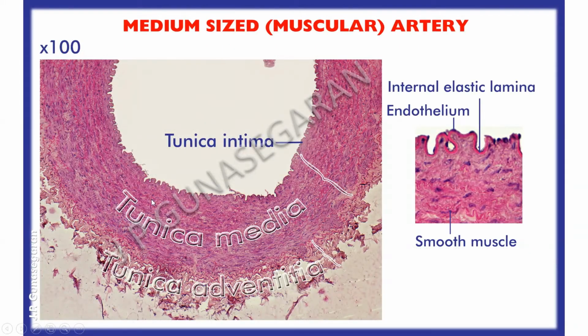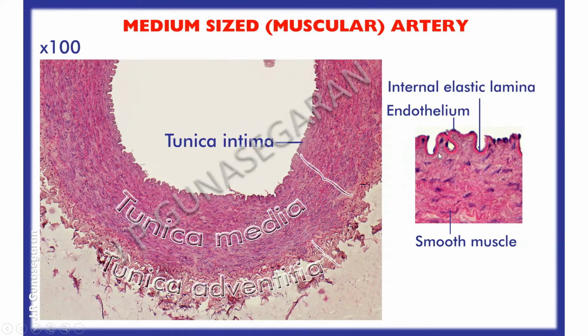This is a medium-sized artery. It is also called muscular artery because plenty of smooth muscle fibers are present in the tunica media. The presence of smooth muscle fibers helps to control the flow of blood.